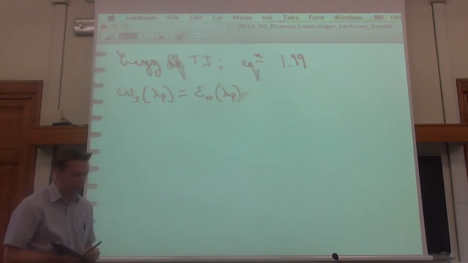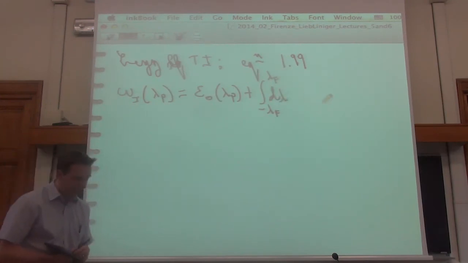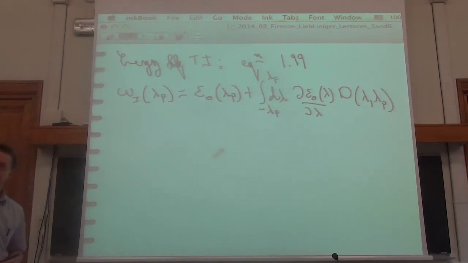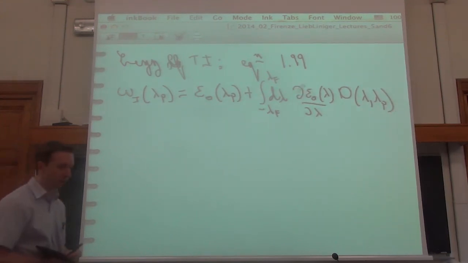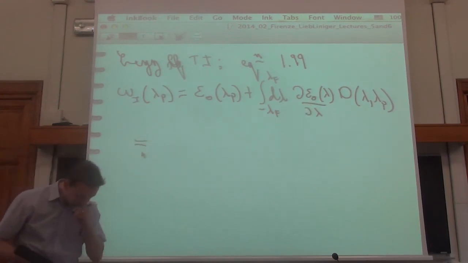So if you have your notes, you'll recognize just a change of notation here. Plus the integral from minus lambda f to lambda f d lambda of now just d epsilon 0 of lambda d lambda times the displacement lambda p. Okay, so this is just textually rewriting the equation that we have in terms of the displacement. The epsilon 0 d lambda is just 2 lambda. It's just 2k in that equation. Okay, so we just manipulate this.